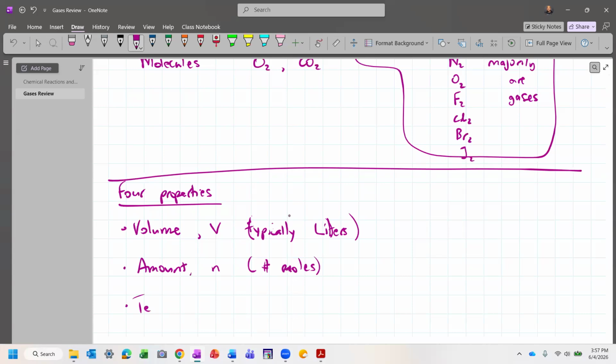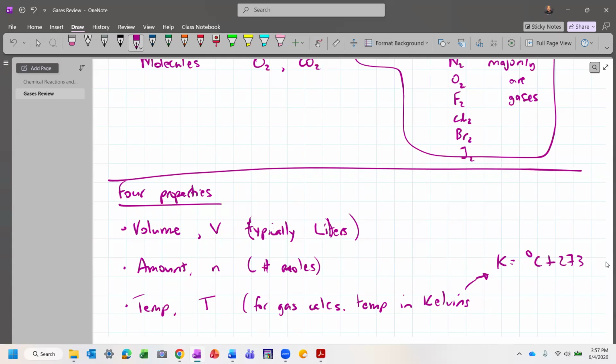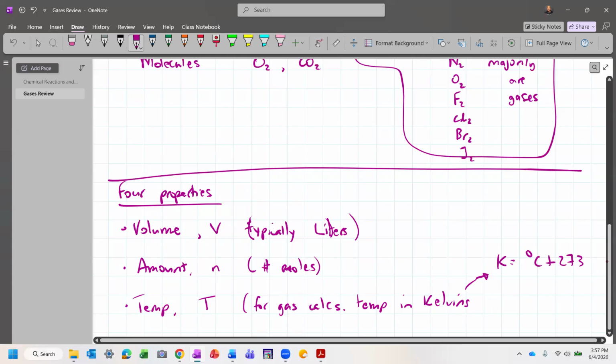We have the temperature, abbreviated T, and for gas law calculations, the temperature needs to be in Kelvin. Just as a quick reminder, the Kelvin temperature is the degrees Celsius temperature added to 273. It's 273.15, but just as a rounding measure, we use 273. So for example, 0 degrees Celsius is 273 Kelvin.